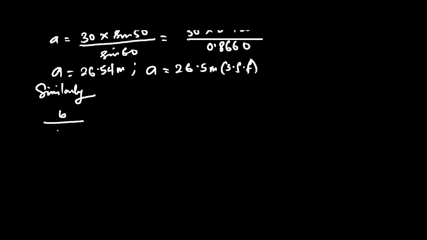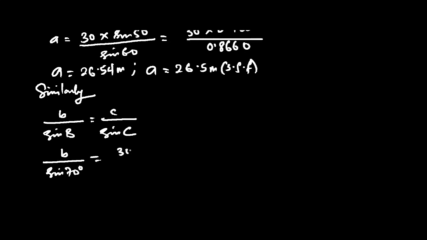B over sine B is equal to C over sine C. So what's our B? The value for B we don't know, but sine B, that's sine 70 degrees, equals C, our C remains 30, divided by sine 60.